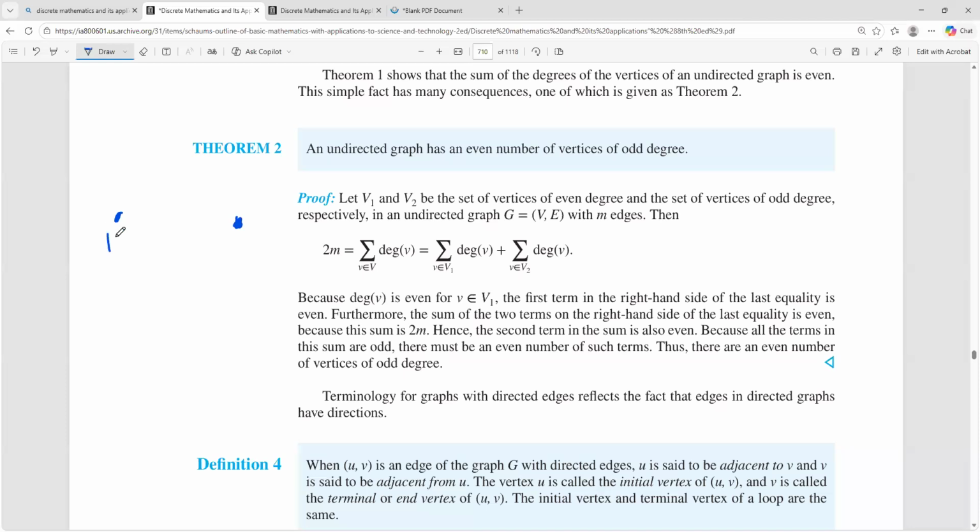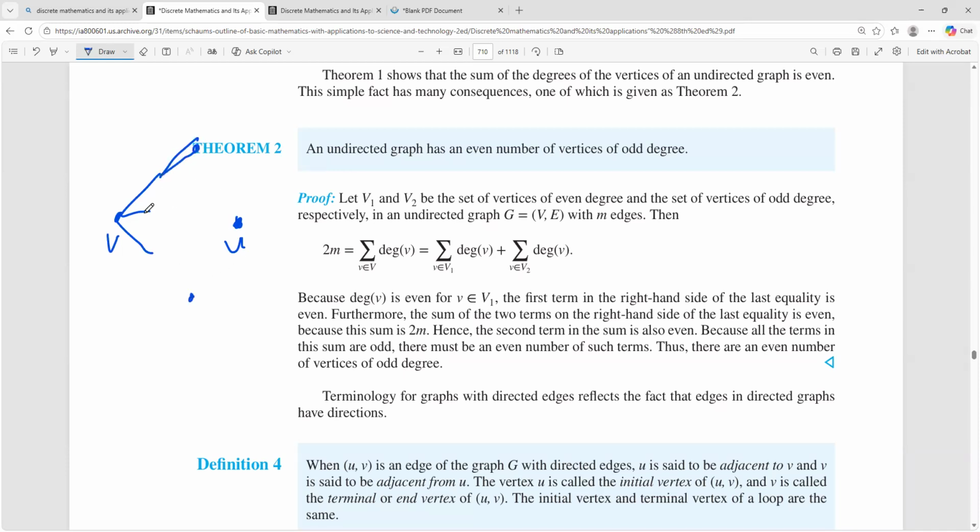Say I have vertices U and V, and V is of odd degree. Let's say this is 3. These three edges have to connect to vertices.